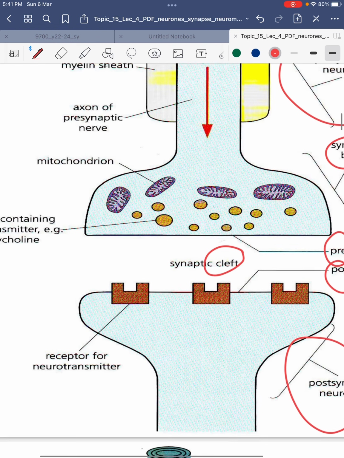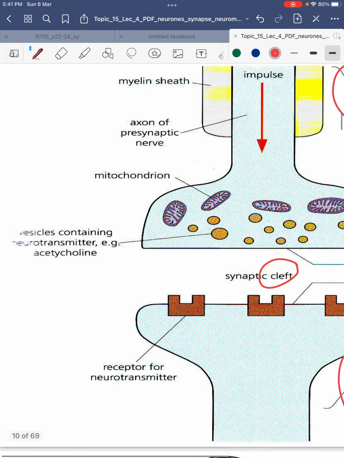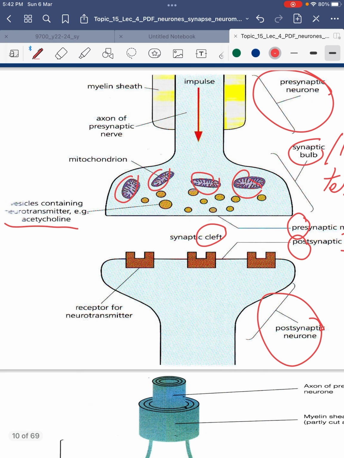And now you see the vesicles, which contain acetylcholine. And of course, lots of mitochondria. And then this is the receptor for the acetylcholine.